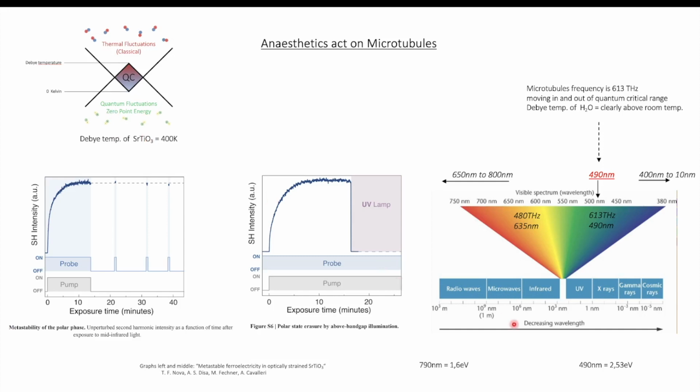quantum fluctuations exist. And just a side note on our research, where we integrated quantum paraelectric material into a ferroelectric basis, and we are trying to tune it to quantum criticality. We are not triggering it with light, but we are doing it by tuning it with a band gap of about 790 nanometers.